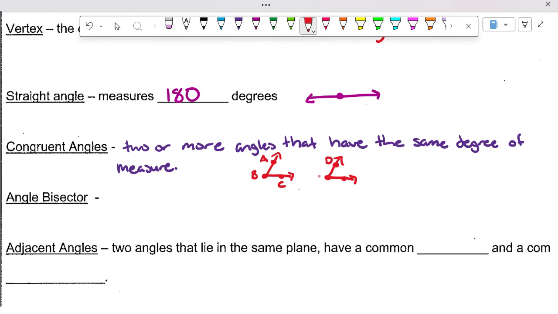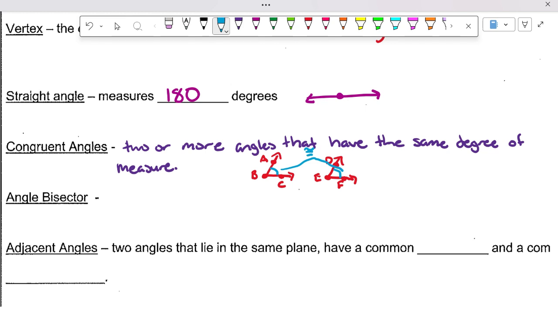Let's call it D, E, and F. Typically, if you see an angle marked with the same number of ticks as another angle, that typically means congruent. Which, by the way, a little equal sign with a squiggle over top, that means congruent.